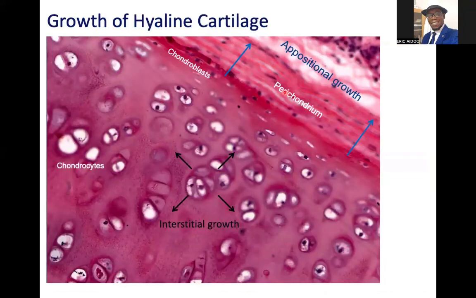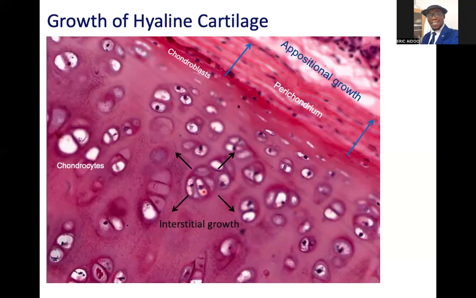So again, for the perichondrium here, that's the appositional growth, being laid down against the perichondrium. So it is laid down here, all the way, and then they grow towards the middle. Because it is being added on, it pushes the old ones towards the middle portion.